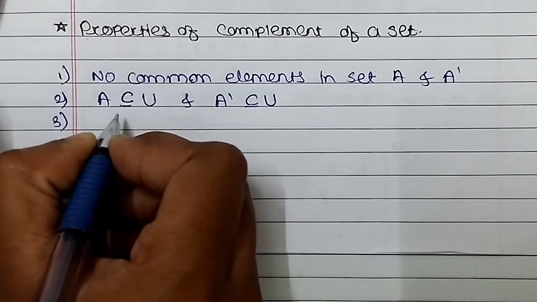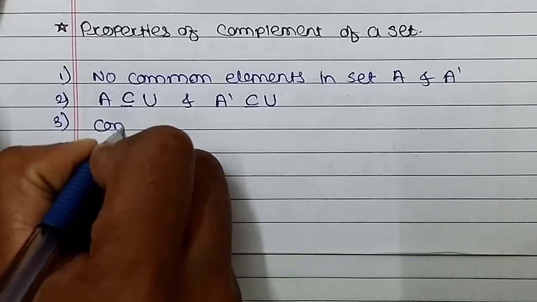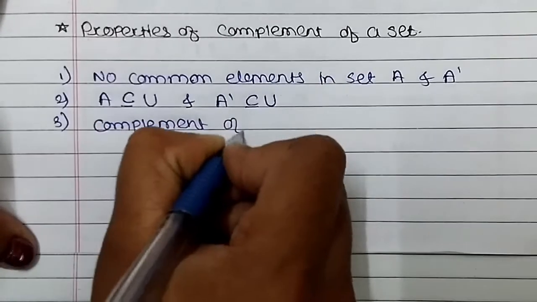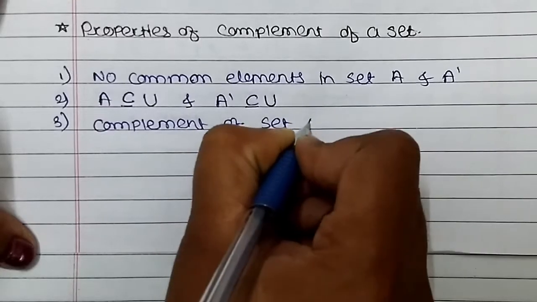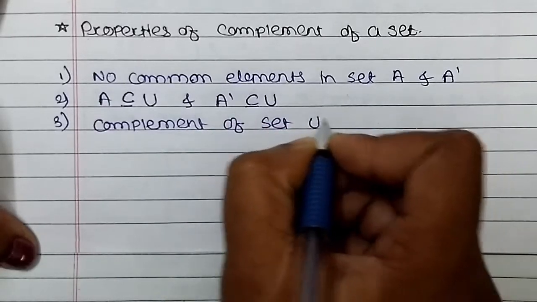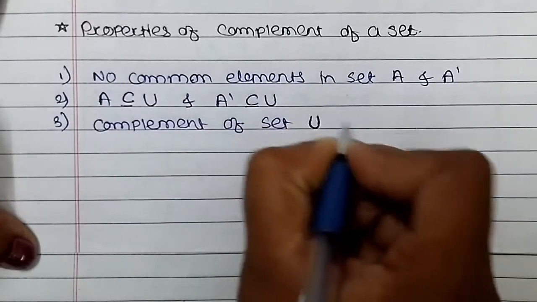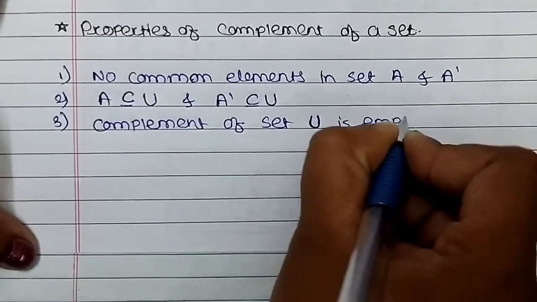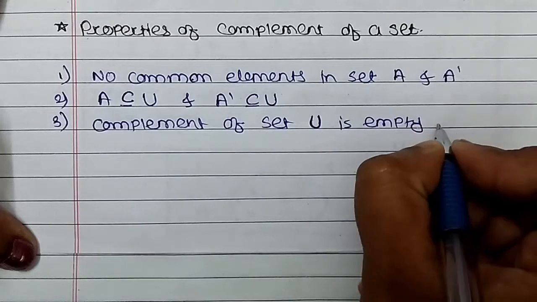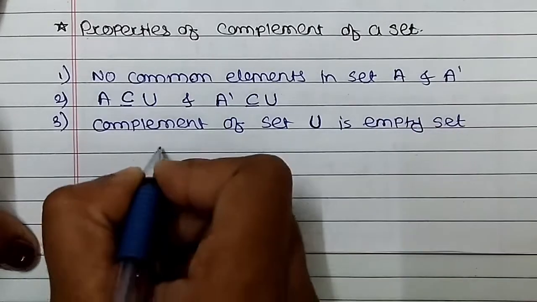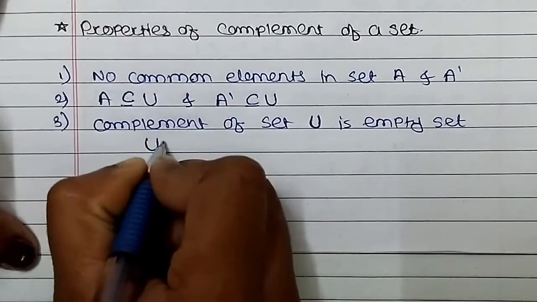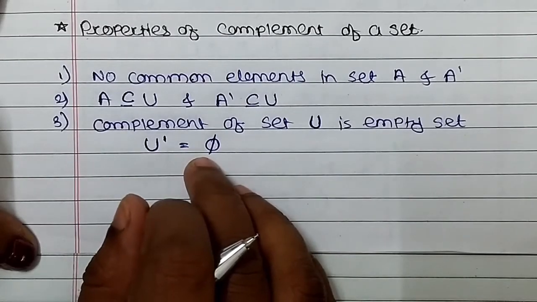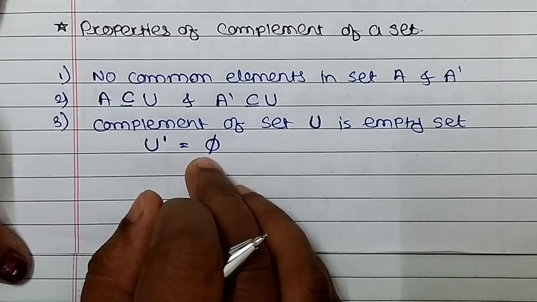Complement of set U, or universal set. The complement of the universal set is what? Is the empty set. Empty set means no elements are present in that set. That is, we write it as U's complement is equal to what? Phi. This denotes the empty set or null set.